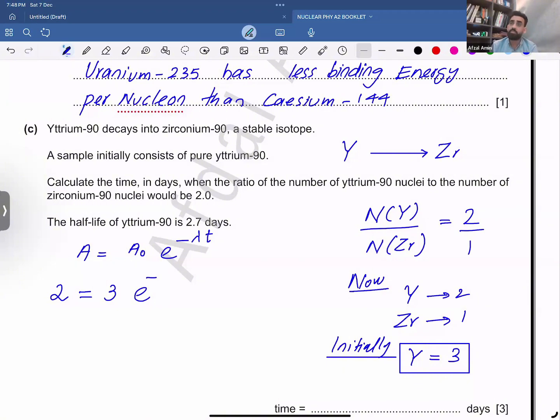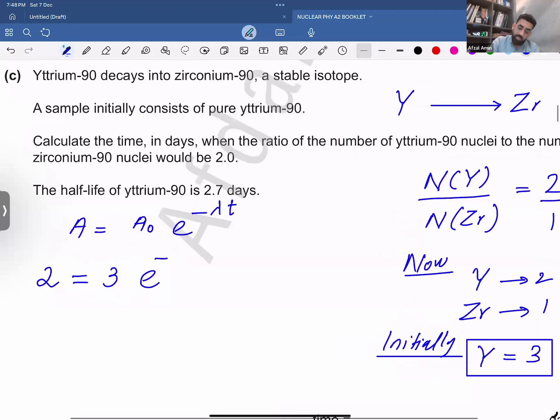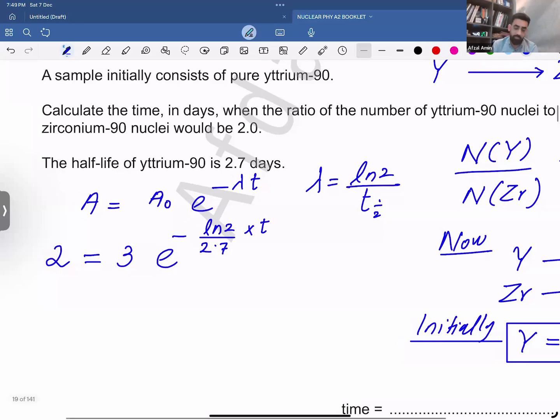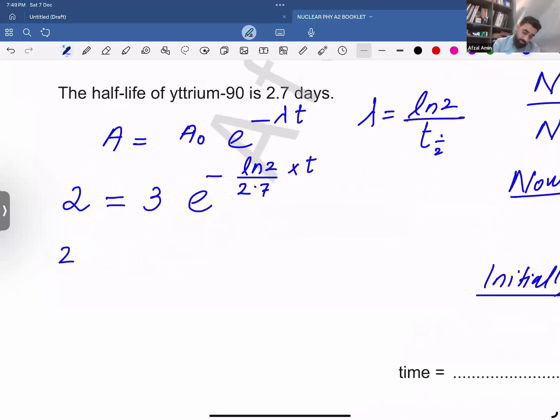Lambda is ln2 over half-life. Half-life is 2.7 days, I'm using days, so I will get days. Now divide by 3: 2 divided by 3 is e power negative ln2 over 2.7 into t.